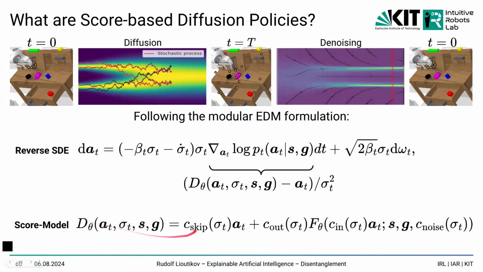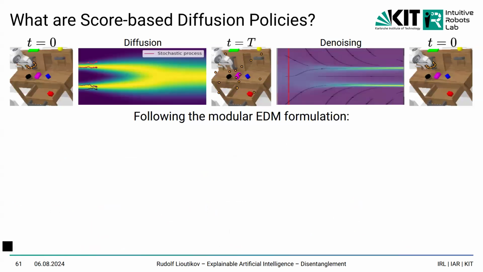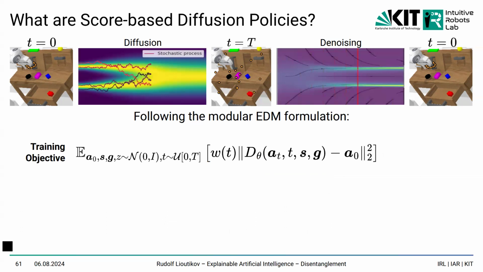Furthermore, some additional information on how we parameterize this. Our score function is not directly the neural network, but a function of the neural network which contains skip connections, also following the EDM formulation. That makes the whole thing much more robust and efficient in terms of learning. Finally, we train this with the so-called score matching loss.